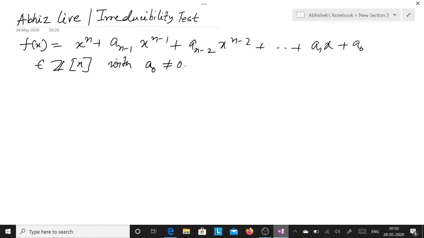So this topic is very important and you need to know the basic ideas and facts. So what is what? That is very important.